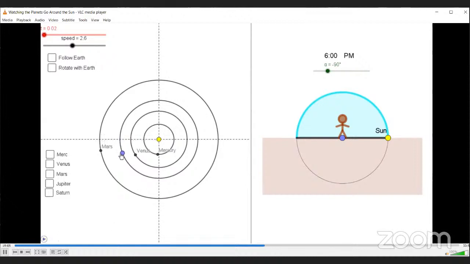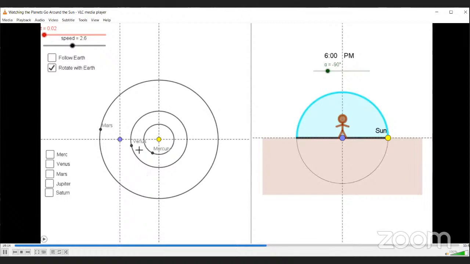notice that we have Venus and Mercury getting out in the lead, and Mars is lagging behind. And here's the Earth. But if we rotate the chalkboard, so to speak, in other words, we're going to keep the Earth fixed, the fact that the Earth is getting ahead of Mars can be seen as Mars actually going backwards, because it's the combined motion of Earth and Mars that we're portraying here.